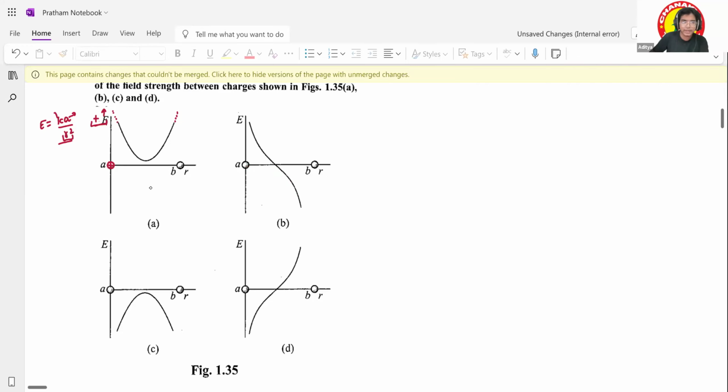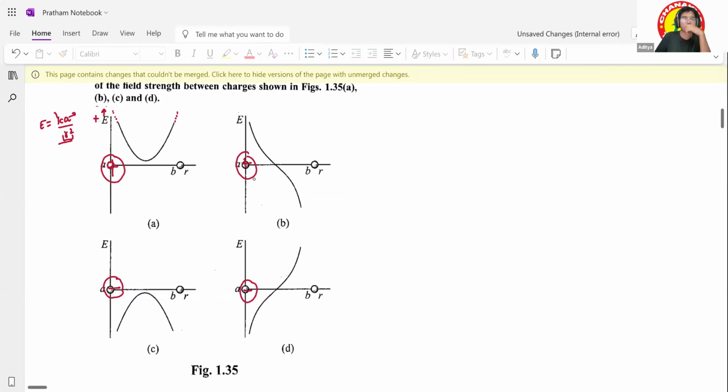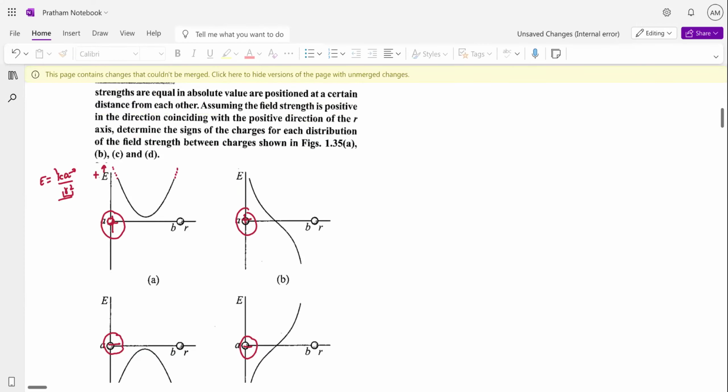Now I'll just say this is positive, this is negative, this is also negative, and this is also positive. So just think of the B part. Just take it as homework. I'm not telling you the answer. Understood? Okay.